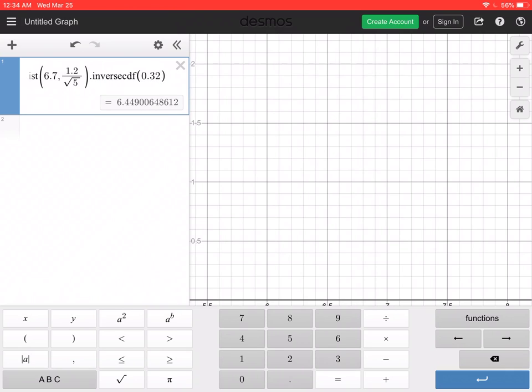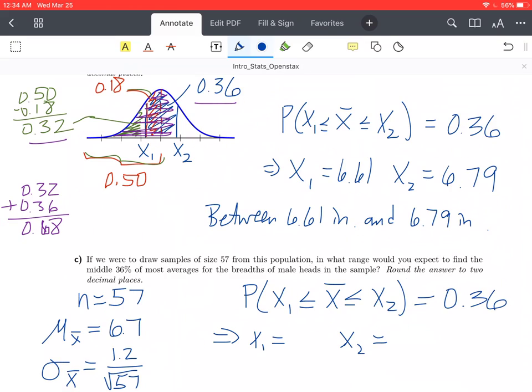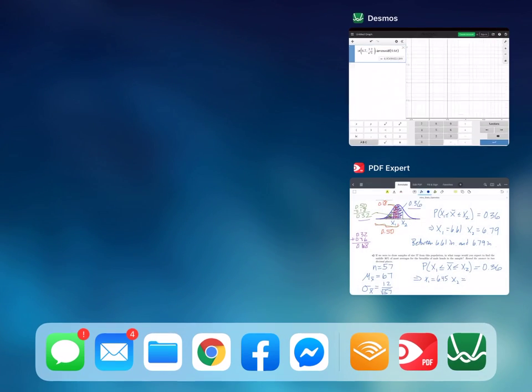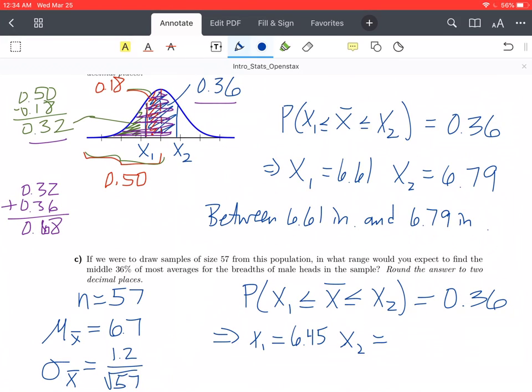So that x1 value, 32% of the data less than it, 6.45. And the x2 value has 68% of the data less than it, 6.95.